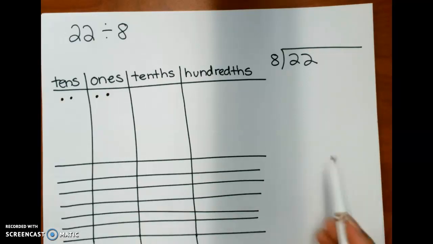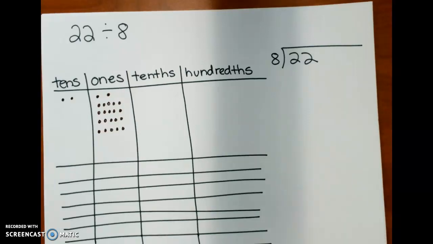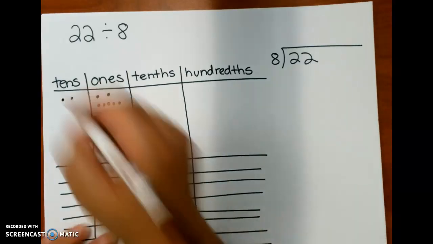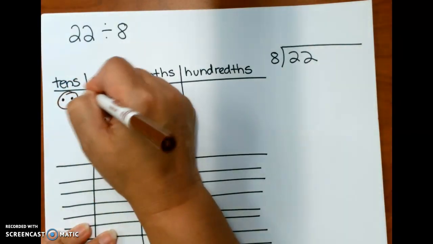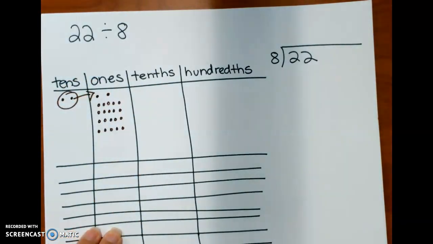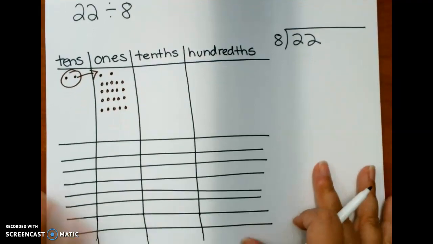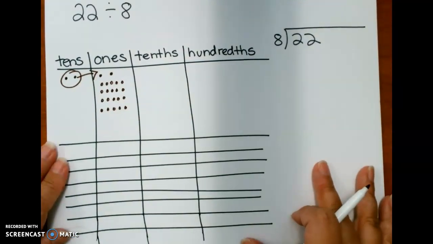Again, I can't divide my tens. I've got to decompose it and get 20 ones. I now have 22 ones because I moved this over here. I can divide 22 divided by 8, and what do I get? How many are in each group?